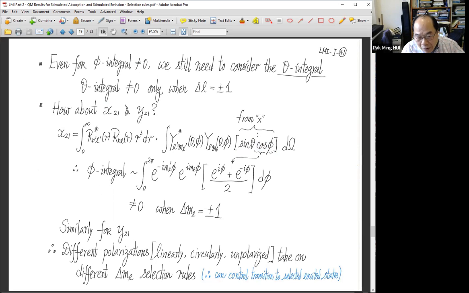Therefore, if you consider the phi integral, it has two contributions. Therefore, the phi integral has to do with minus ml prime plus ml plus 1 or minus 1. When it hits this relation, it is not 0. Therefore, when we consider the x and y integrals, you have this delta ml equals plus minus 1.